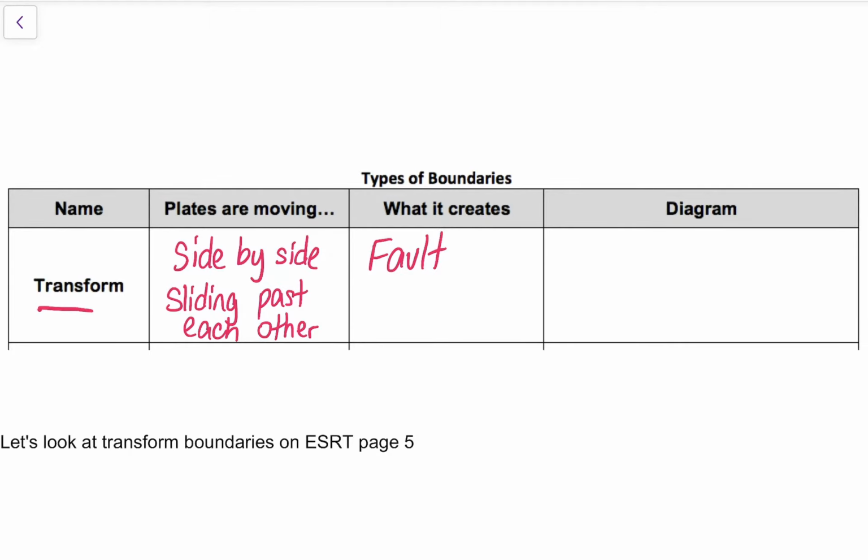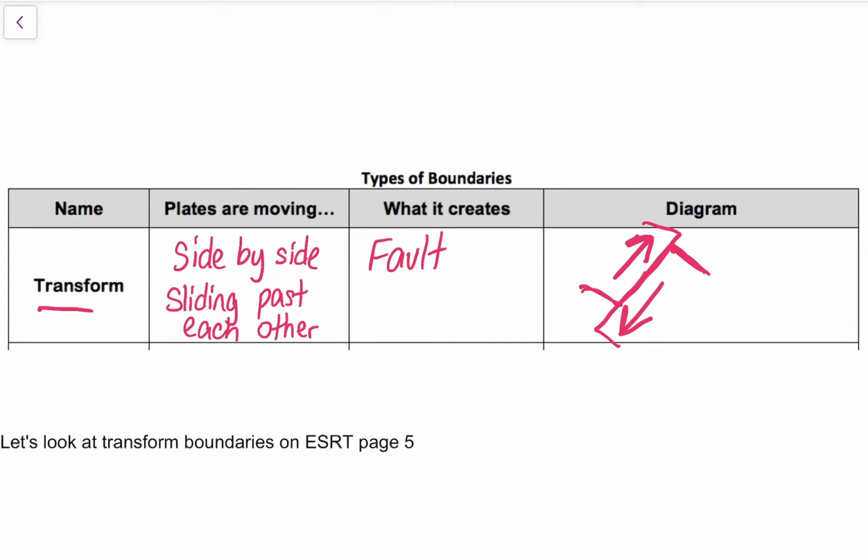In this diagram, we might have one piece of crust moving up and another piece of crust moving down. The key here is that you see the arrows moving side by side, but in different directions.